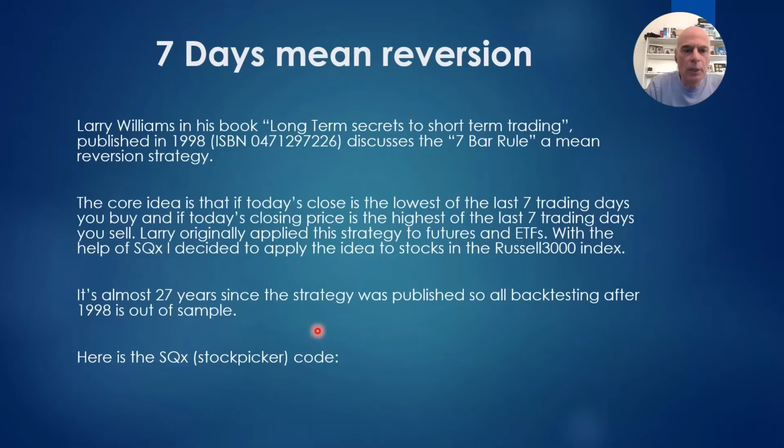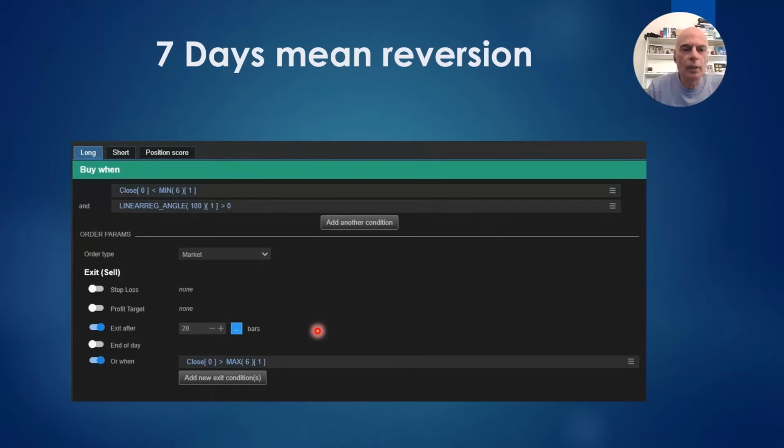Here's how I implemented the SQX code. Just 2 lines. Basically, we want today's close to be the lowest of the last 7 days, including today, so today is the 7th day. We want it to be the lowest closing. But I put a filter here. We want a linear regression angle of 100 days for the stock to be positive.